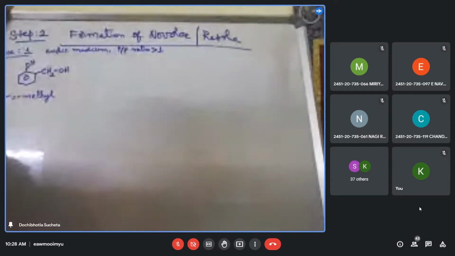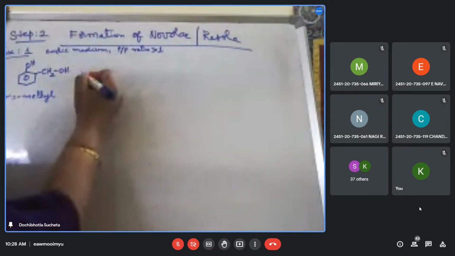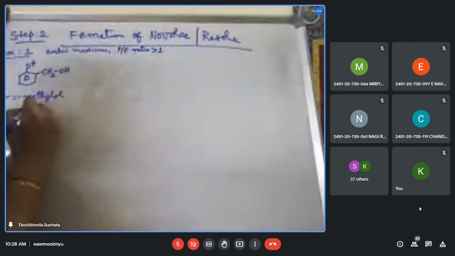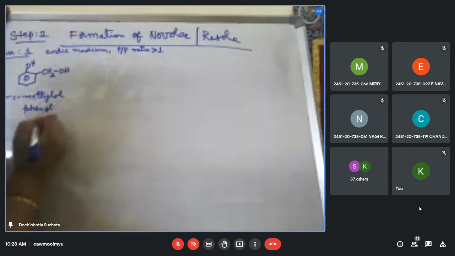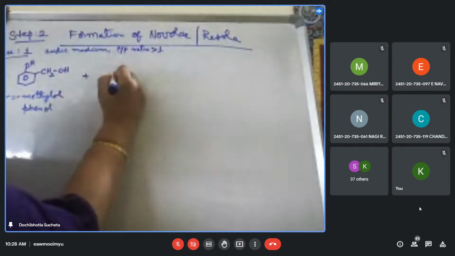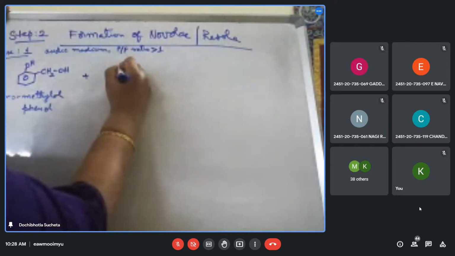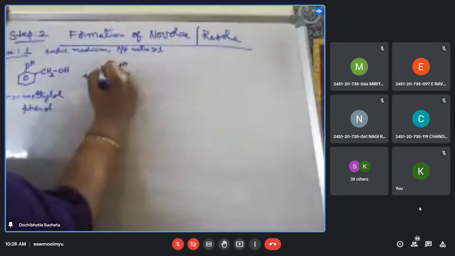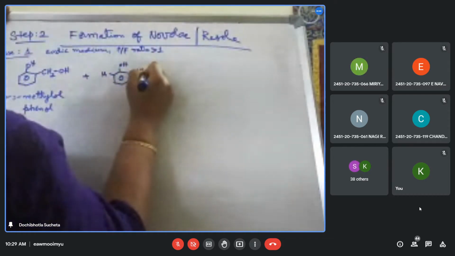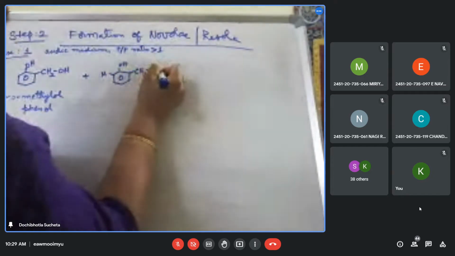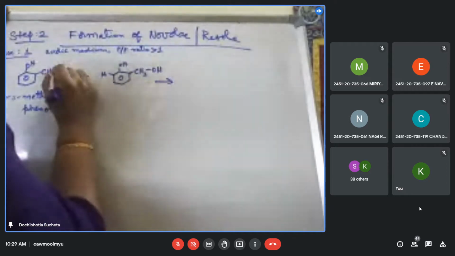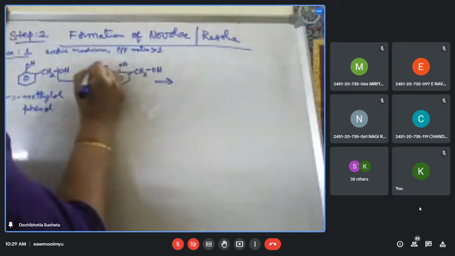Monomethylol phenol is formed in step 1. This undergoes condensation with one more molecule, with removal of water, H2O.